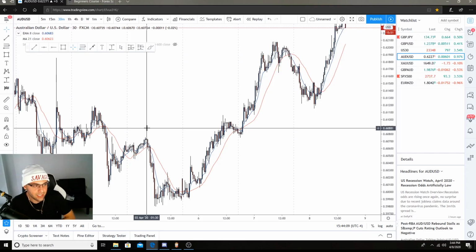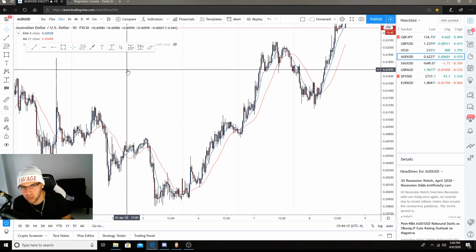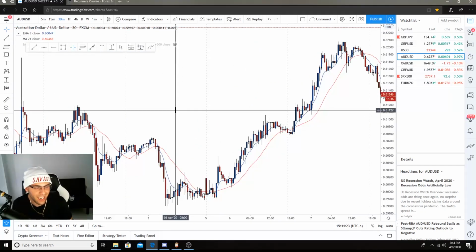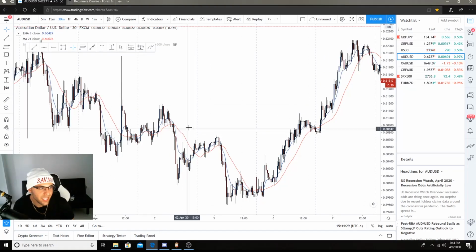I like to have all my trend lines in there, and depending on where my entry is going to be, I'll have that trend line within that entry to help me out. But I don't always trade off of trend lines.